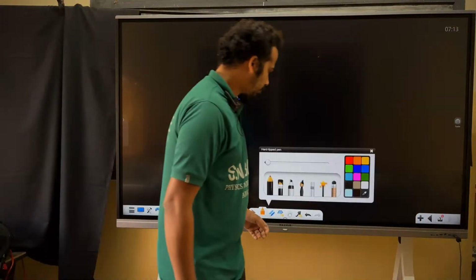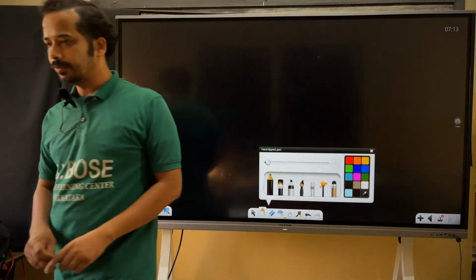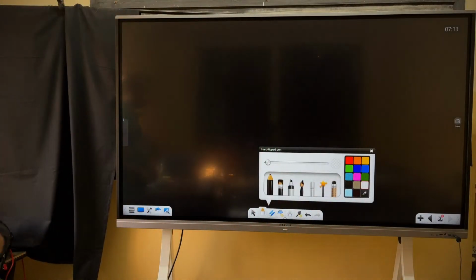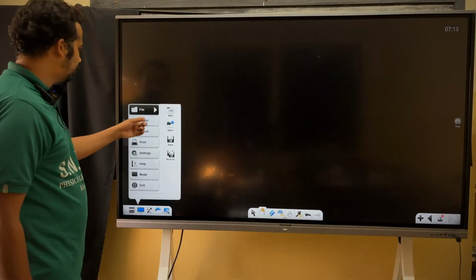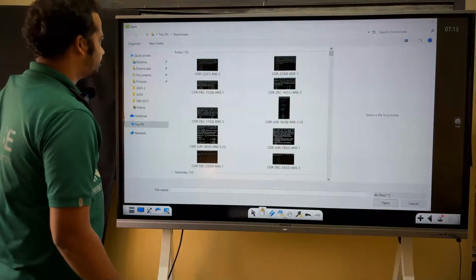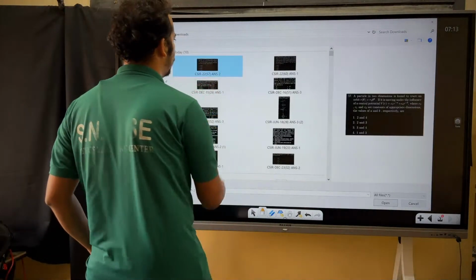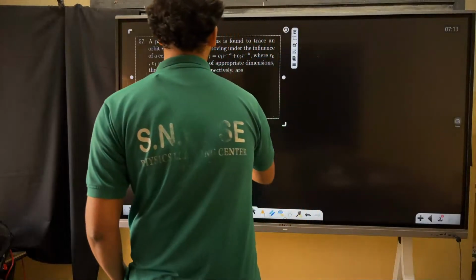Now let us move on to central force problem. Differential equation of orbit. Do you remember?